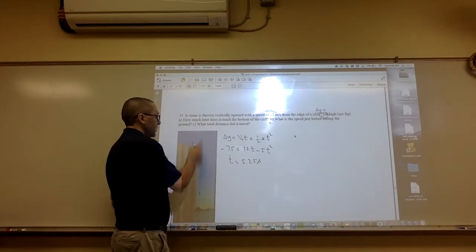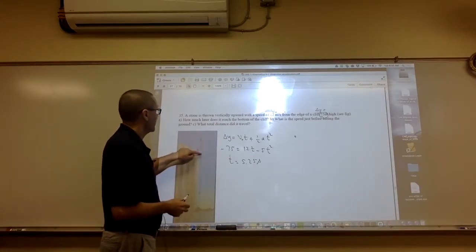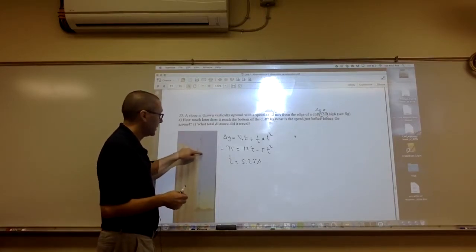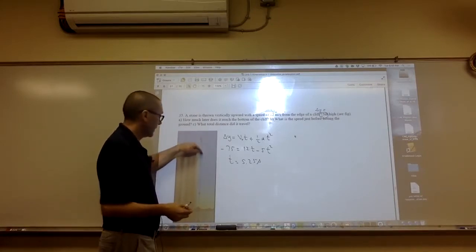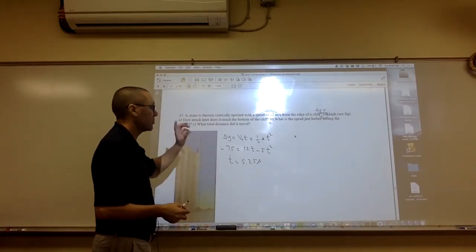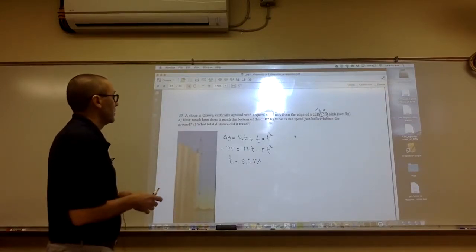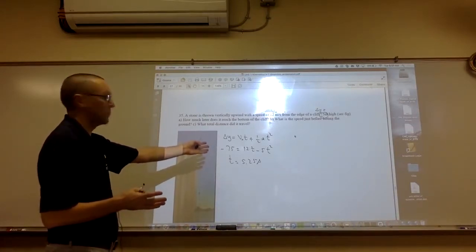You can figure out this time, you double it to get here. But here's the tricky part. When the stone is here, it's not starting from rest. So your initial velocity at this point is 12, but negative 12. Because now it's going on the way down. So it can be tricky. So just be careful when you're dealing with this type of problems. I'm not saying you cannot do it, but why do it when you have something as simple as that?